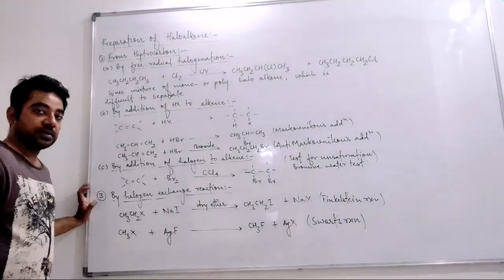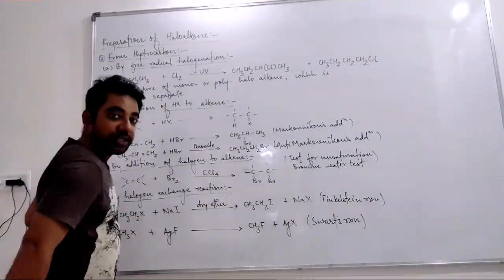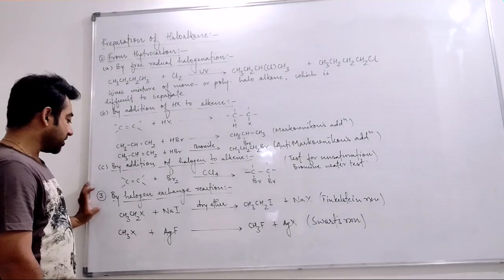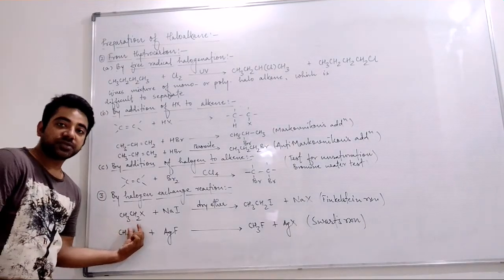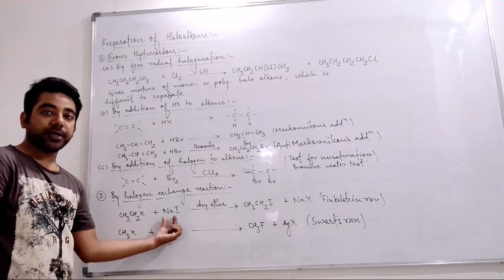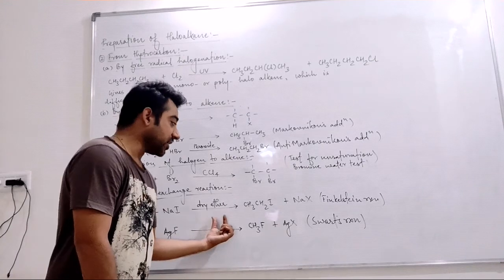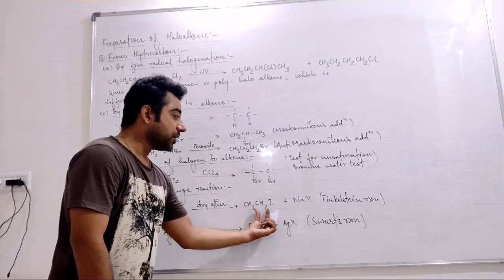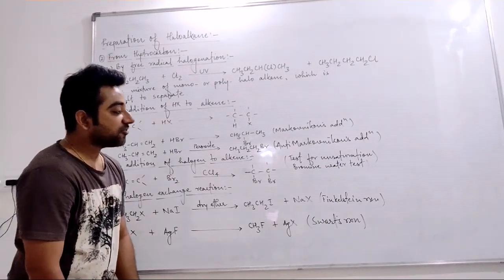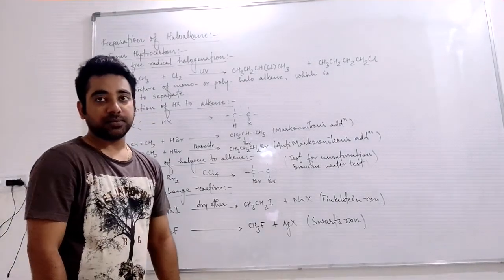Next method is by halogen exchange reaction. In this halogen exchange reaction, upon reaction of alkyl halide with sodium iodide in presence of dry ether, you get iodoalkane and sodium halide. This reaction is Finkelstein reaction.